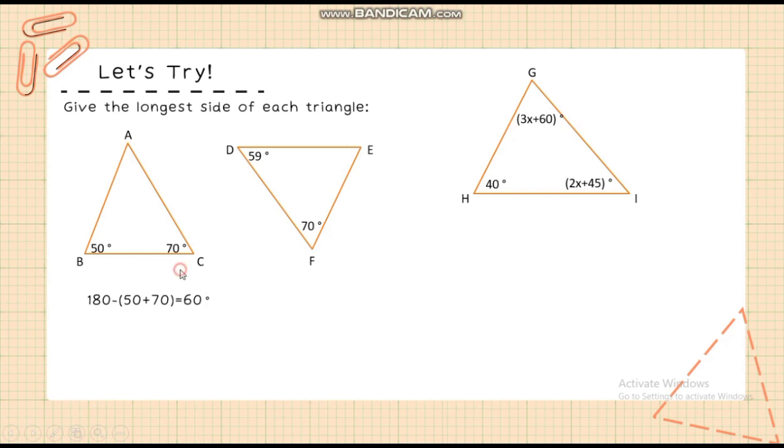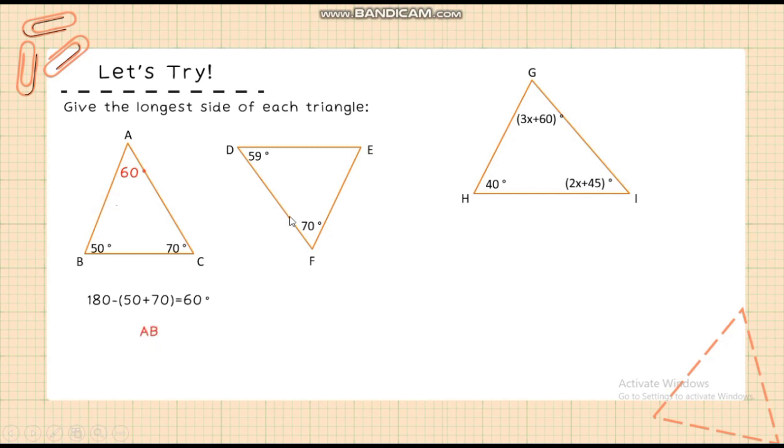Therefore, 60 degrees is the measure of angle A. Now let us identify which of these three angles is the largest. The largest angle is angle C. Therefore, the side opposite of this angle, which is AB, is the longest side.